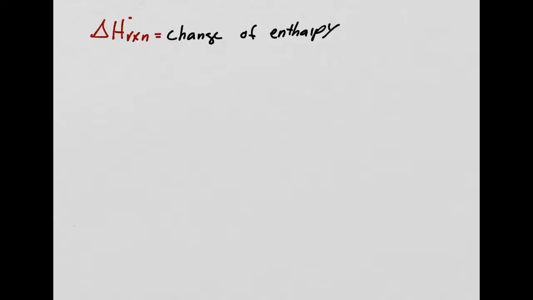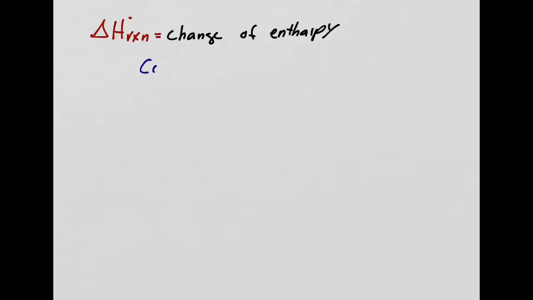You demolish and build a house for $200K and you sold the house for $450K. What is your net profit? Your net profit is $250,000. That's exactly the way to look at delta H of the reaction.